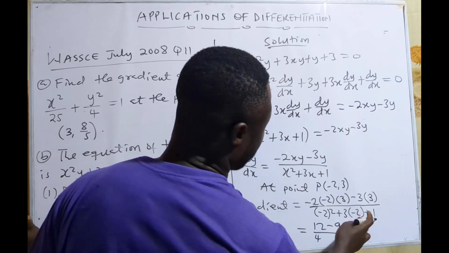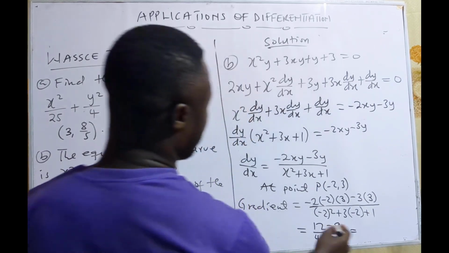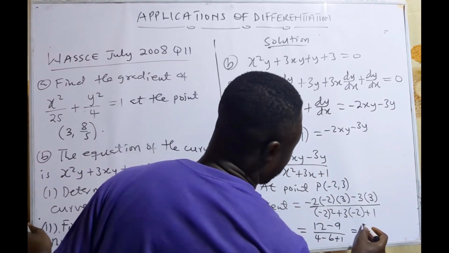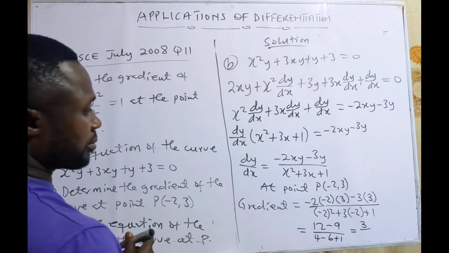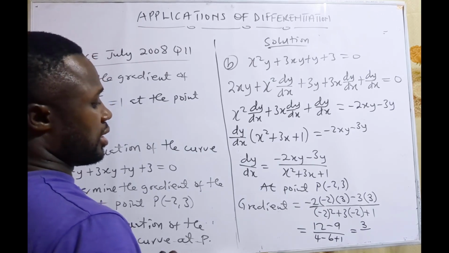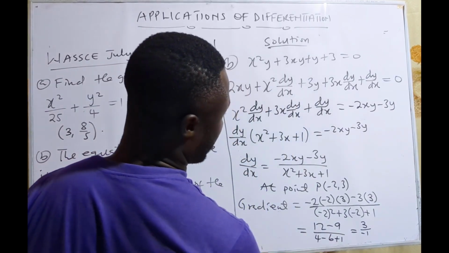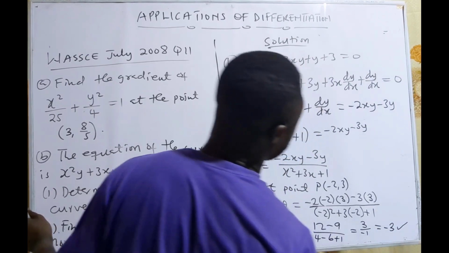And then 3 times minus 2 will be minus 6 plus 1. Then 12 minus 9 will give me what? That will give me positive 3 divided by 4 minus 6 is minus 2 plus 1 minus 1. So 4 plus 1, 5, minus 6 minus 1. And my gradient is going to be -3.